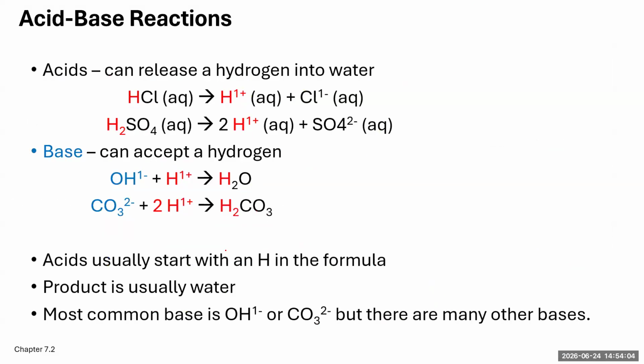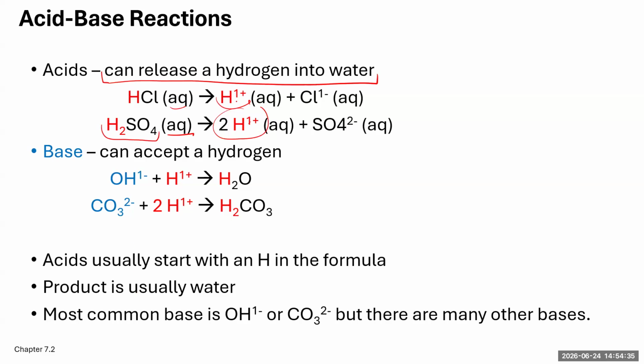Acid-base reactions. What makes something an acid? We reviewed this in the nomenclature chapter, but it can release a hydrogen into water. So HCl, since it's aqueous, it's in water, boom, it came off. That's now an acid. H2SO4 aqueous means it's an acid because it can release those hydrogens. Bases accept a hydrogen.